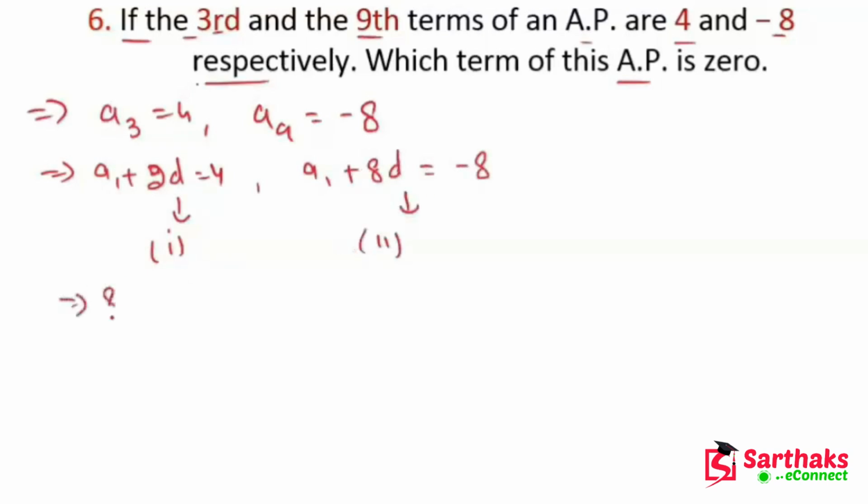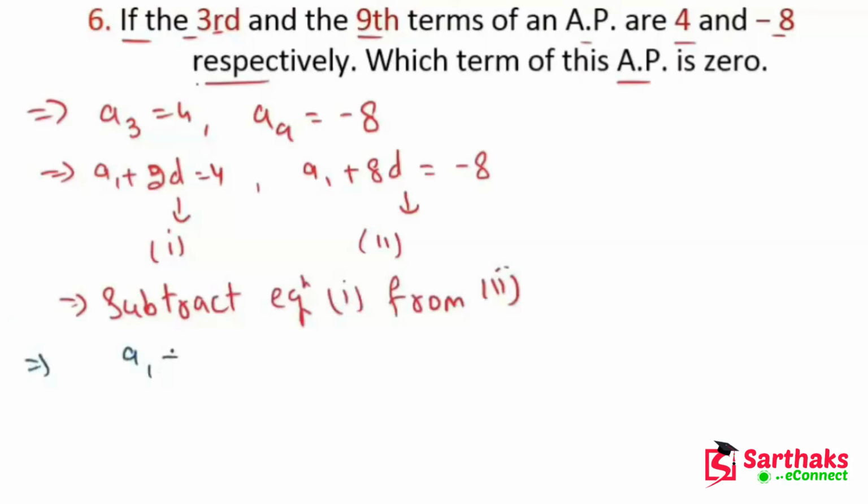Now subtract equation first from equation second. We can do it directly: a1 plus 8d equals minus 8, and a1 plus 2d equals 4.